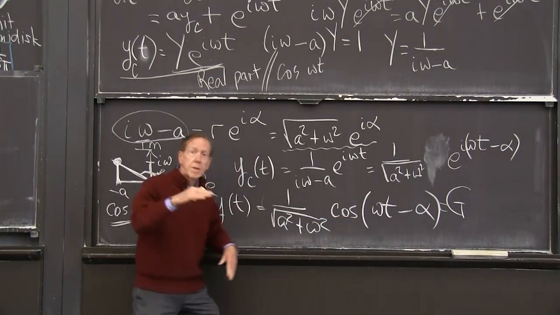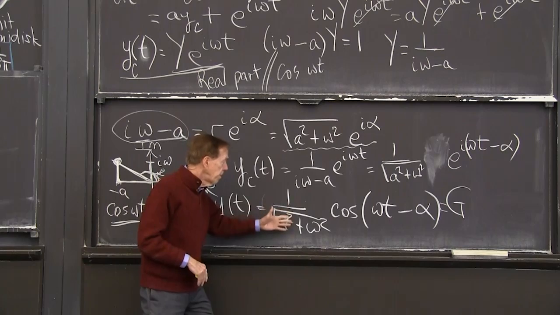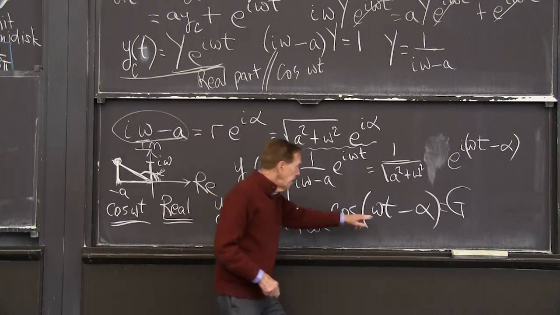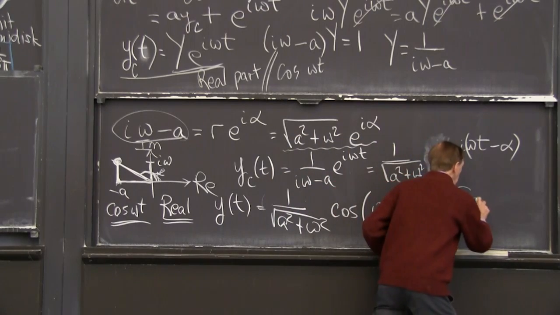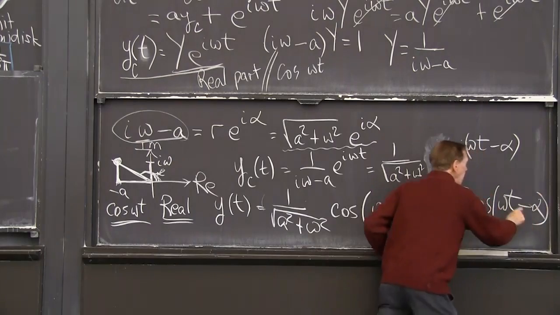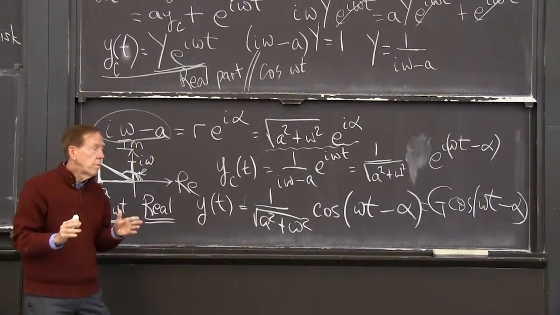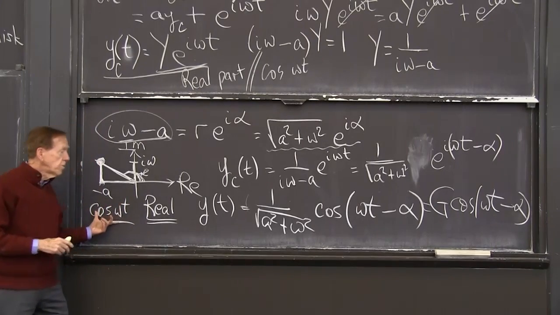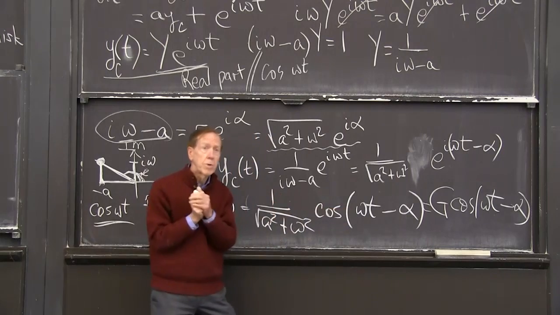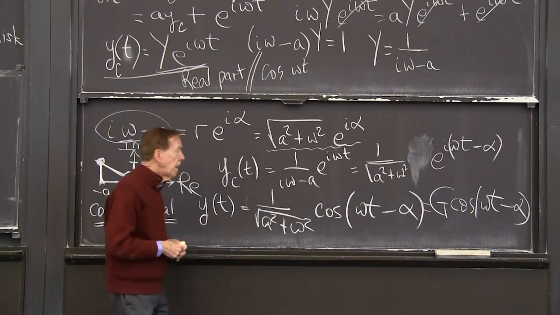The gain. The input was a cosine of size 1. It's increased or decreased by this factor, and then the cosine is still here. And alpha, you remember, is the time lag. The input is a pure cosine, but the output is a shifted cosine, which is also a combination of cosine and sine.